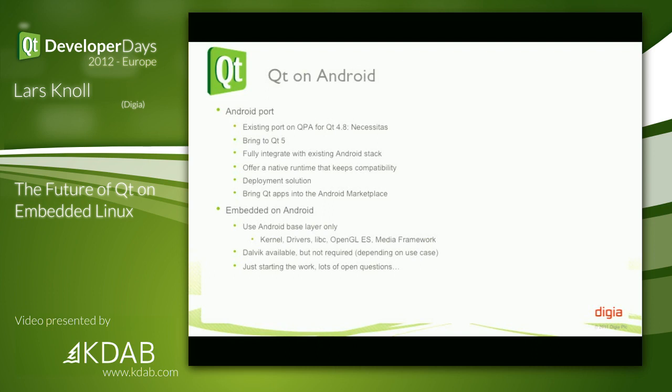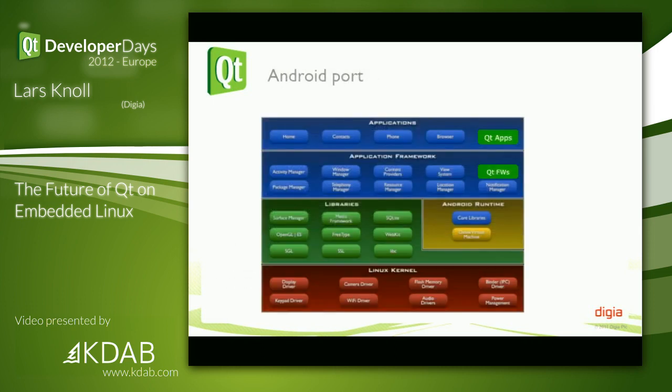If you remove the Dalvik VM, you would probably need to implement some audio policy yourself again. But that's really up to the use case. For many embedded use cases, that's not a problem, so you can just as well remove it. We just started that work, and there are a lot of open questions. We would appreciate a lot of feedback on these things, on where we should go and what people see as their needs.